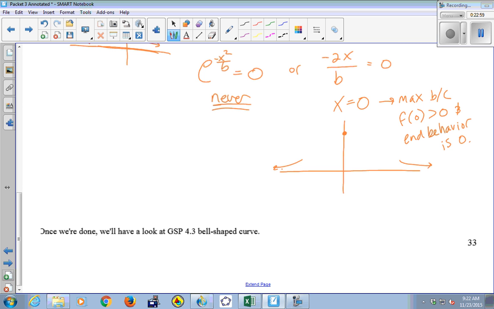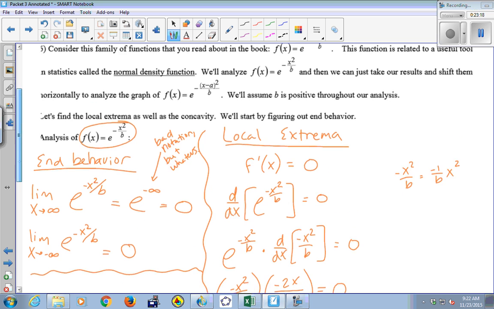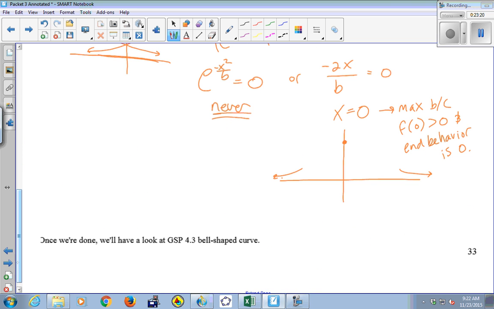And part of this question is going to ask me to analyze concavity, to find local extrema and concavity. The second derivative deals with concavity, so I have to take the second derivative anyway. So maybe I'll just verify that this is a max by taking the second derivative.